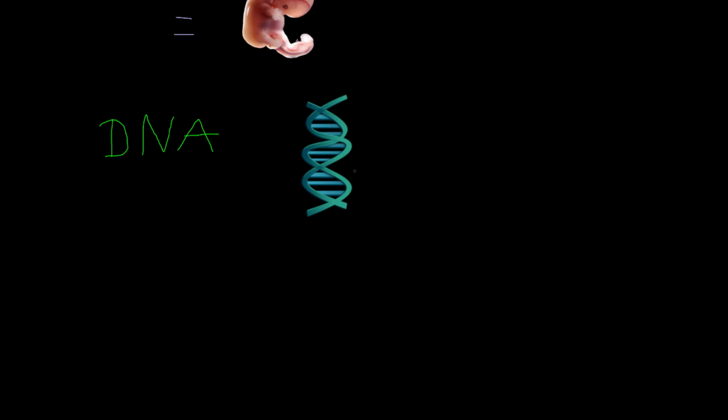So DNA. And of course, DNA you'll often see drawn like this, and this is actually true. We've got loads of tiny little atoms and molecules here being joined up together to make this massive ladder. Now, this DNA doesn't just float around like this in our cells.